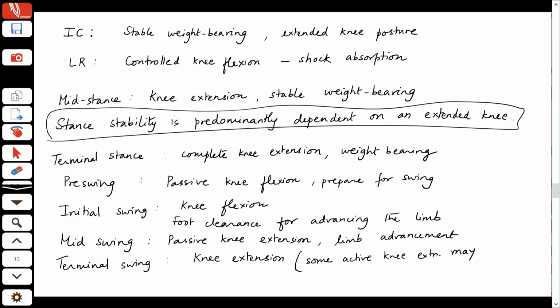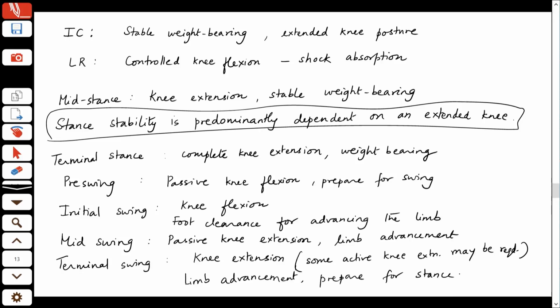If you hit the ground on a flexed knee, your stability is compromised. Okay? Because you want to not only advance the limb, but you want to prepare for the next stance phase.